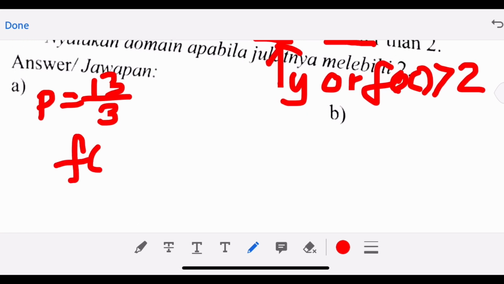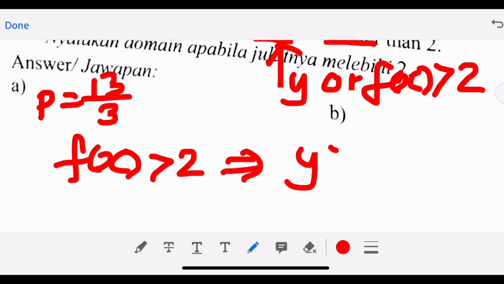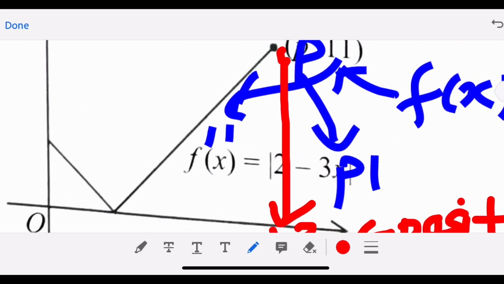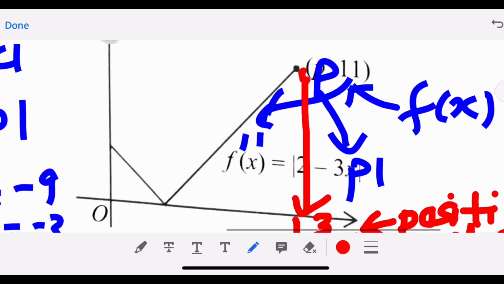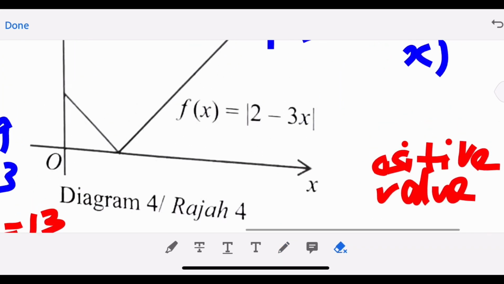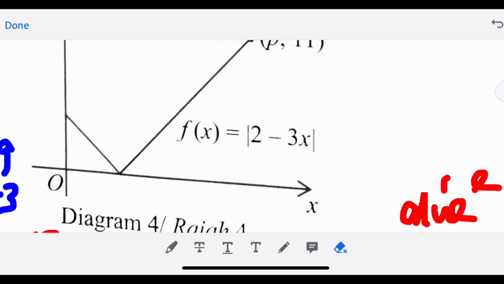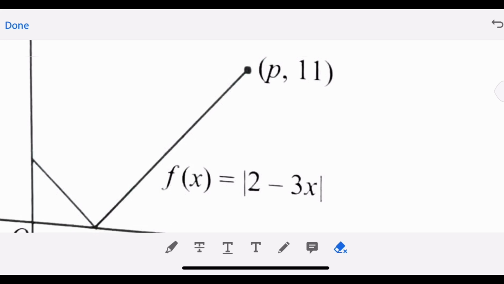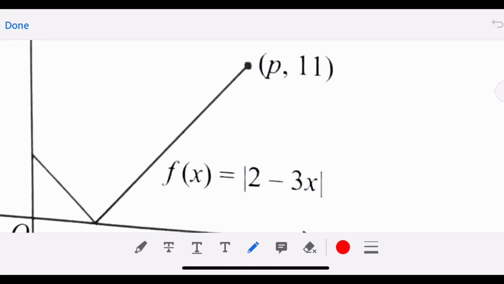Whenever you see the range, it is always referring to f(x) more than 2, or you can say when y is more than 2. So let's go to the graph and study y more than 2. Where is y more than 2? Now you look at the function. You can write y equals modulus of 2 minus 3x, right? Now we need to know where y equals 2. Isn't it at the y-axis?